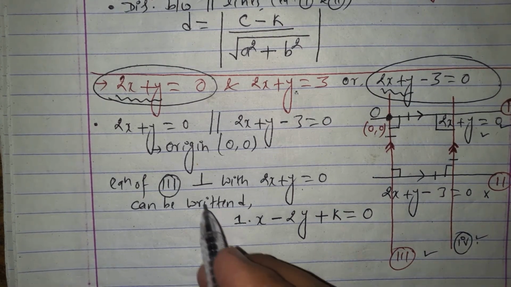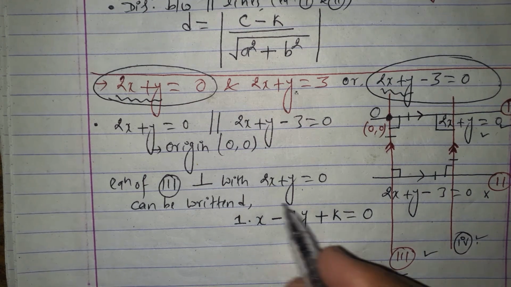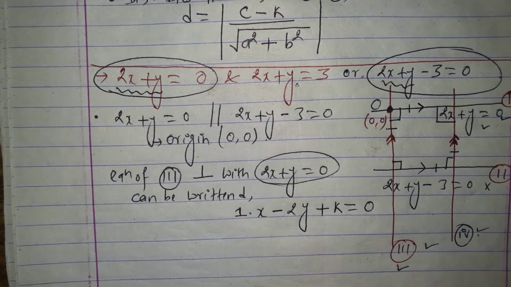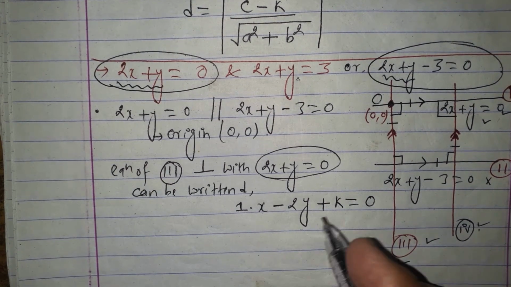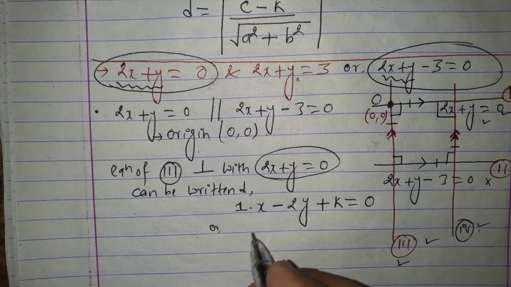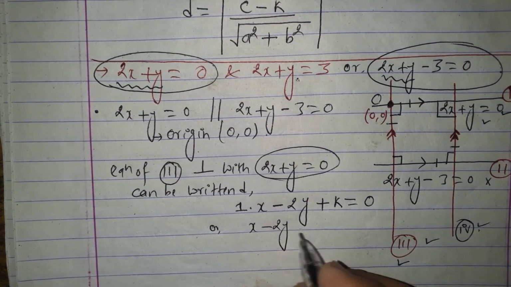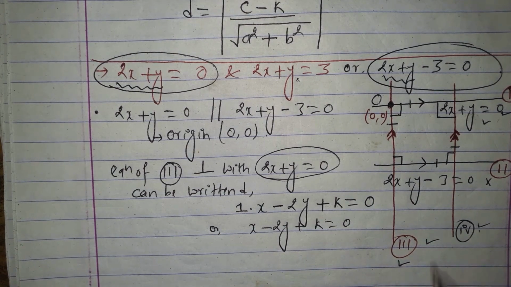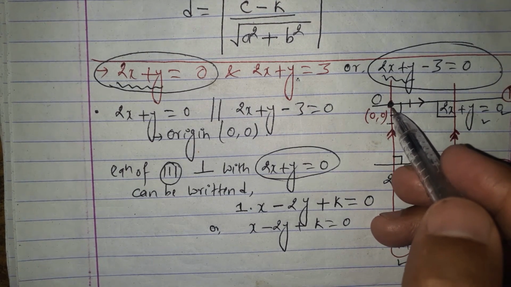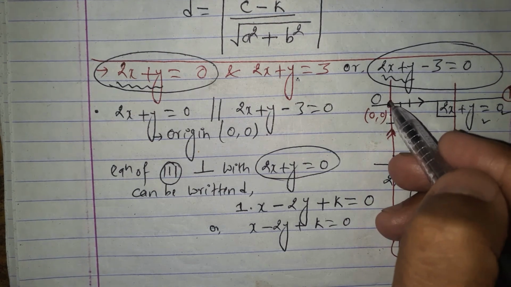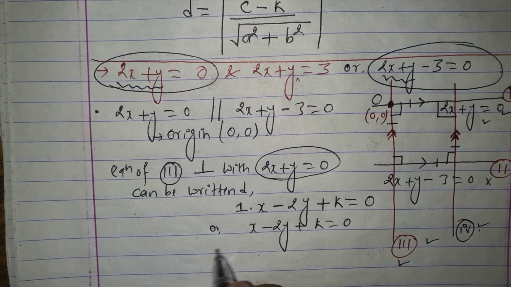This is the equation of the third side, which is perpendicular to this side. This is the way of writing a perpendicular line. Let's simplify this: x minus 2y plus k is equal to 0. From this figure, the third side passes through the origin, so the constant term should be 0.